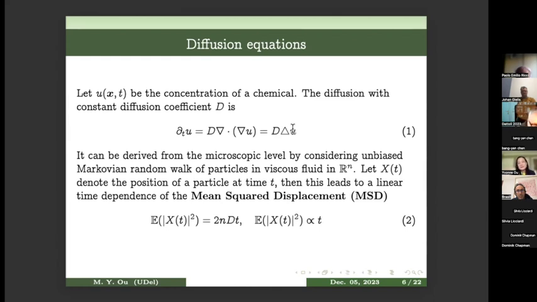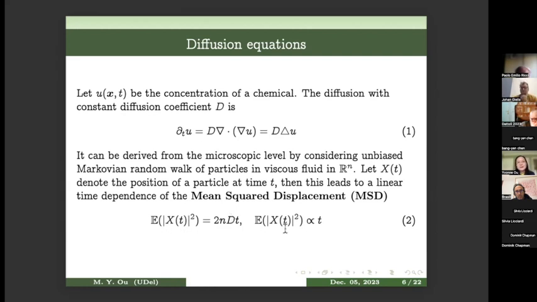I don't know who was the first, but I believe Einstein was one of the first to establish a theoretical relation between the diffusion equation you see here and random walk. So you can look at this diffusion equation as a collective result of a lot of particles doing random walks at the microscopic level.